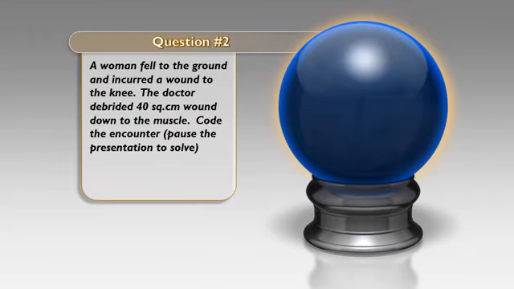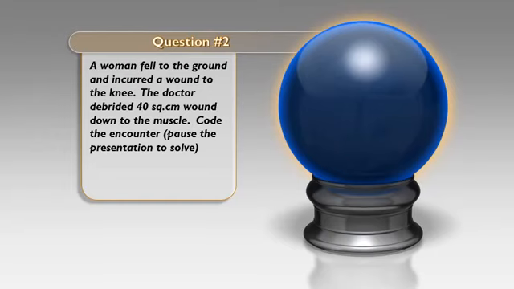Question 2. A woman fell to the ground and incurred a wound to the knee. The doctor debrided a 40 square centimeter wound down to the muscle. Code the encounter. Pause the presentation to solve.